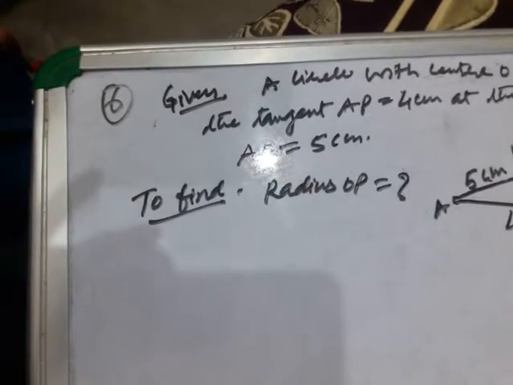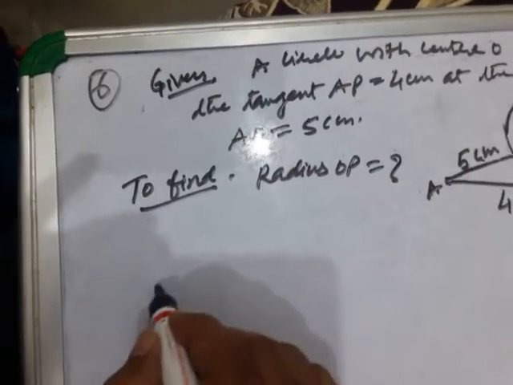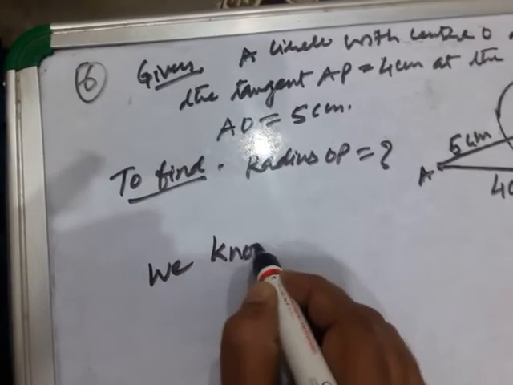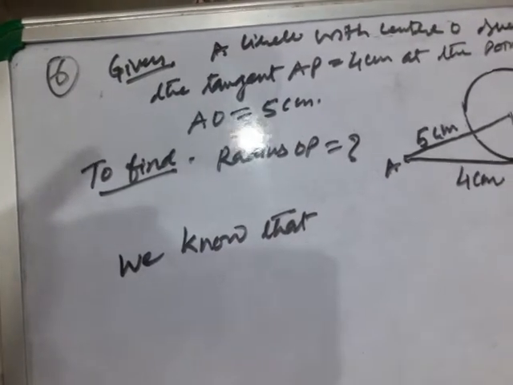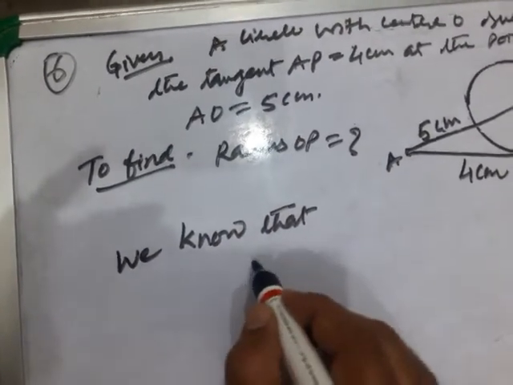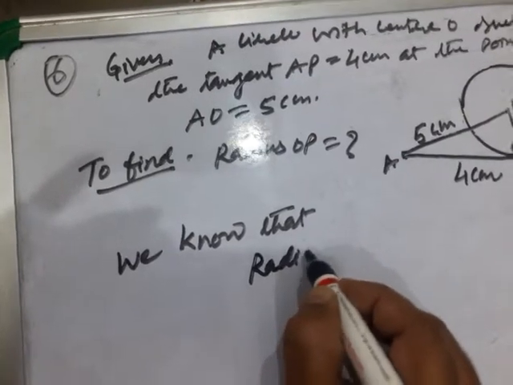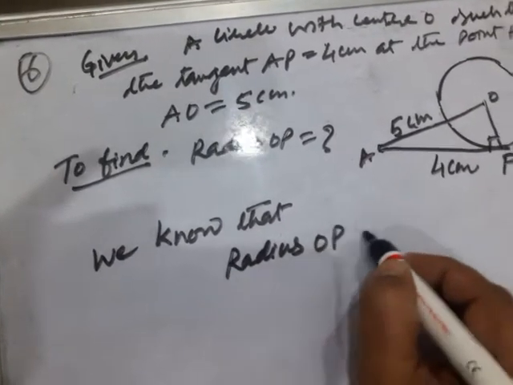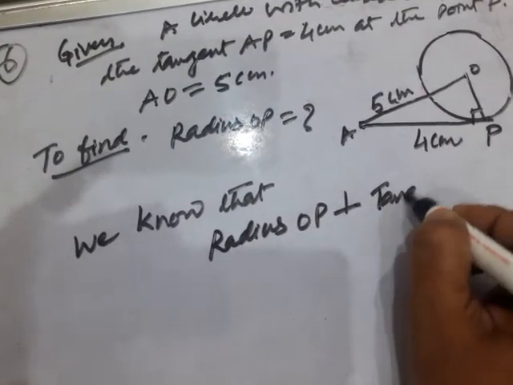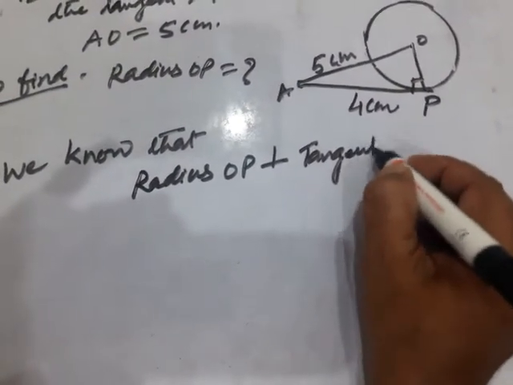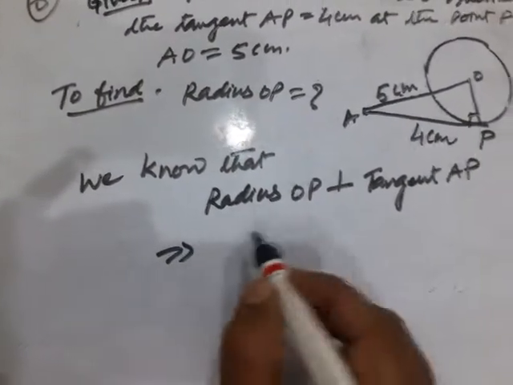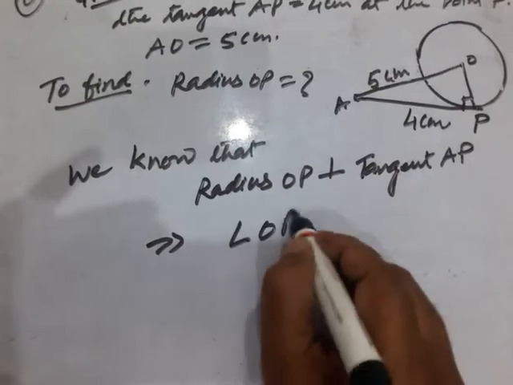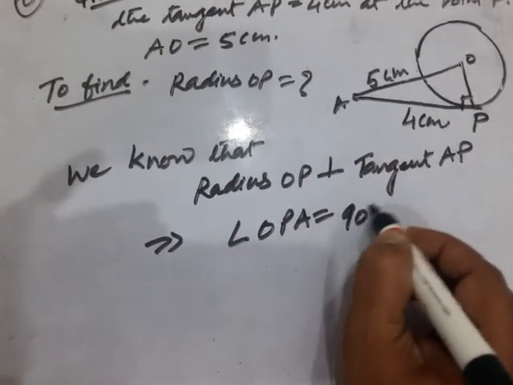Okay, children. Now start the solution. We know that radius OP is perpendicular to tangent AP. That is theorem 10.1. I am writing in short. Radius OP is perpendicular to tangent AP. This implies that angle OPA equal to 90 degree.